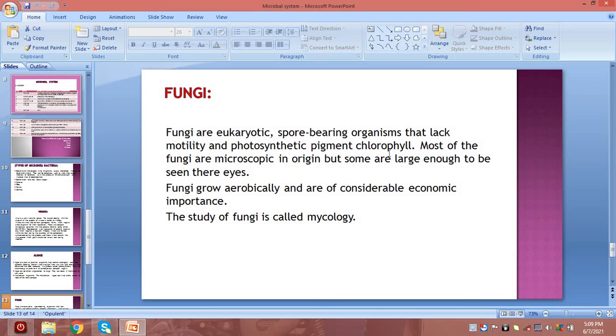Chlorophyll, the coloring pigment which traps the sunlight, is absent in fungi. They are also microscopic, but some can be seen with the naked eye. The study of fungi, we call it mycology.